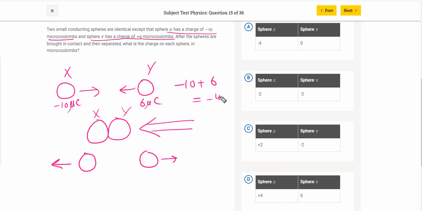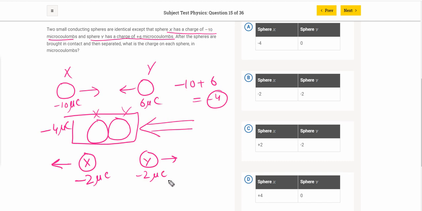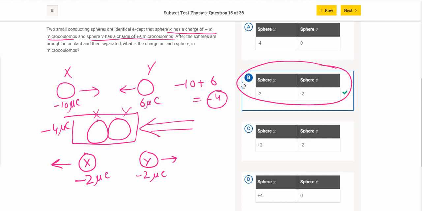That would be equal to -4 microcoulomb. Now, because they have been separated now, they will distribute that charge equally among themselves. So in that case, -2 microcoulomb will go with X and -2 microcoulomb will go with Y. So it should be -2, -2. So this should be our answer. So let's check it, and that's right.